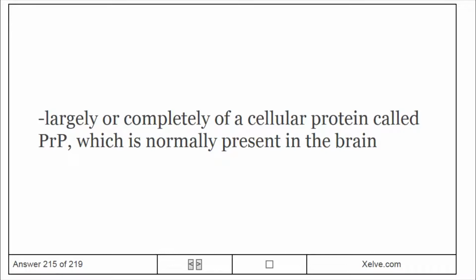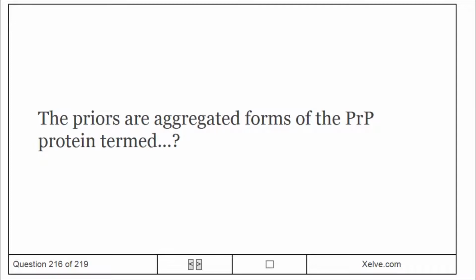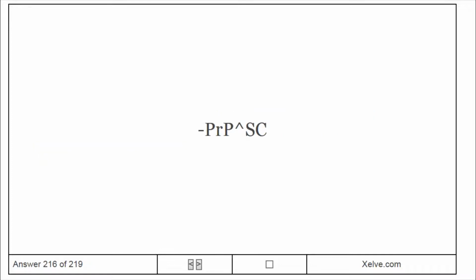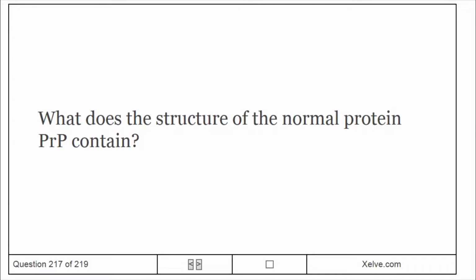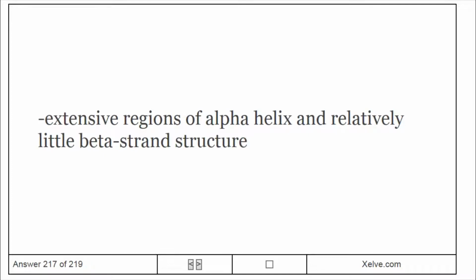Largely or completely of a cellular protein called PrP, which is normally present in the brain. The prions are aggregated forms of the PrP protein termed PrP-Sc.